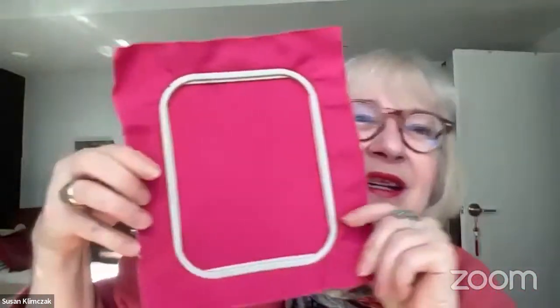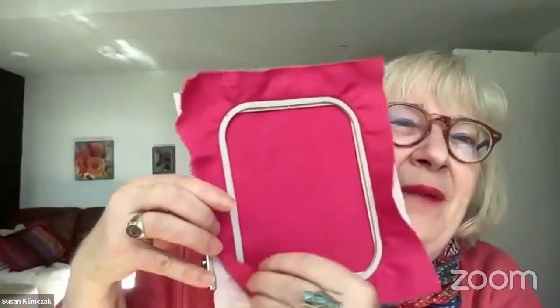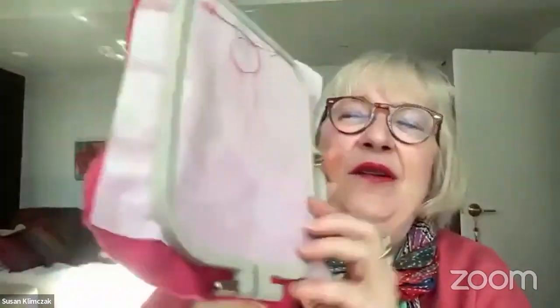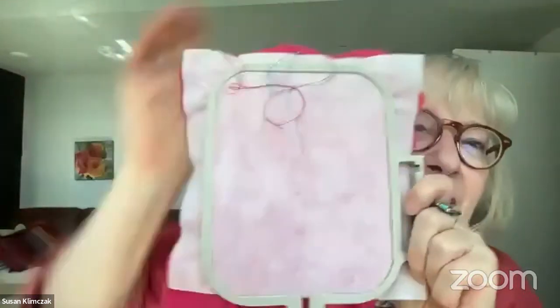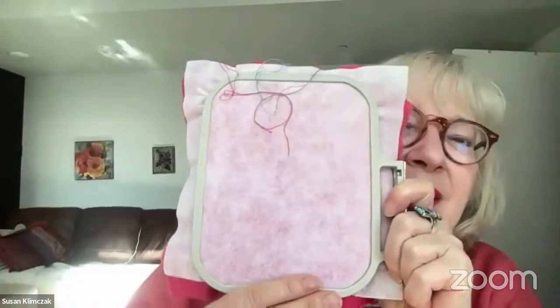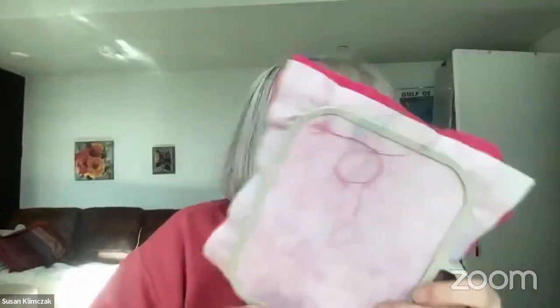That's because you need some overlap so that you can pull the hoop tight. That's why you use the 8x8. You can see here, I have overlap on the sides and overlap on the back with the stabilizer. So that's the important part of doing that.